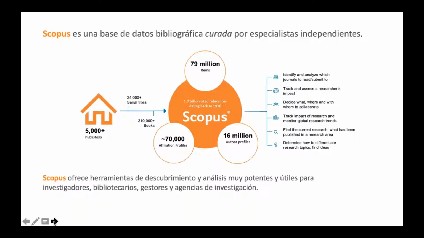So as mentioned in the video, Scopus has publications from more than 5,000 publishers, and this is interesting because everybody believes that Scopus is almost a synonym of Elsevier, and the content of Elsevier in Scopus is around 11%. That means that there are many other publishers indexed as well in Scopus.